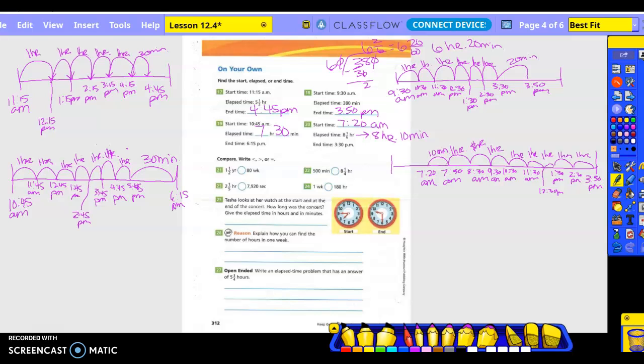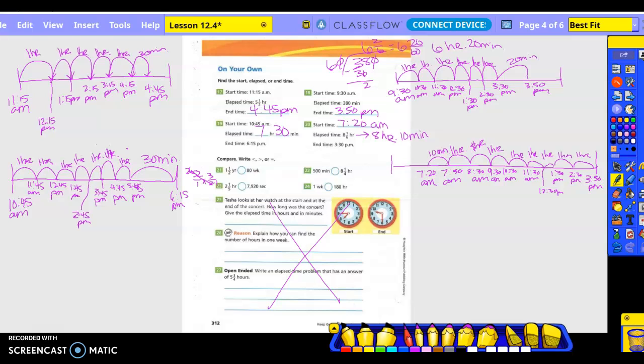Okay, we're going to go ahead and mark on 25 through 27, just because of time. Looking at 21, they want so many years compared to so many weeks. We know that there's 52 weeks in a year, so I could take 52 over 1 times 3 over 2, and this would be 1 and 26.